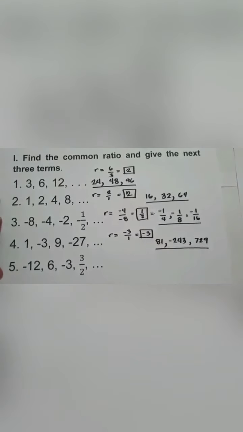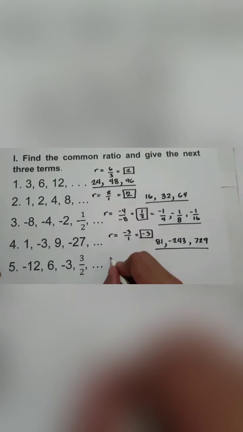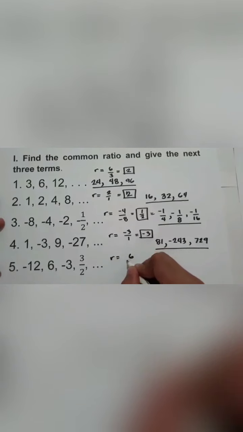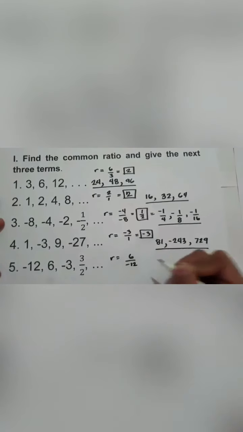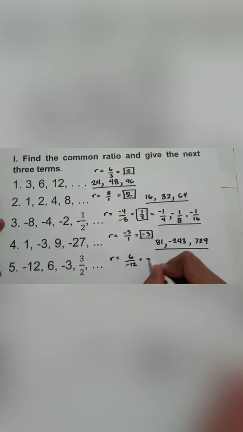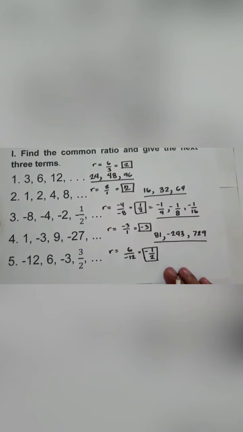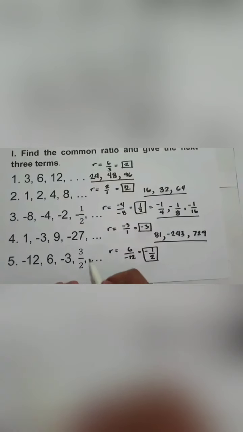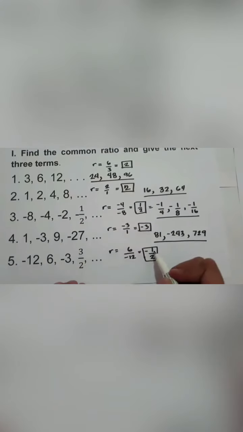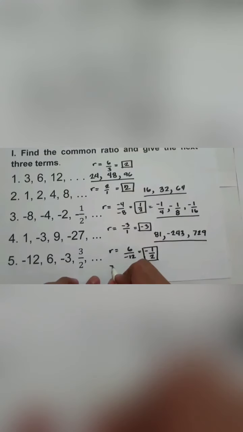What about number 5? Let us find first the common ratio. 6 divided by negative 12. So that is negative 1/2. Now, let us find the next three terms. 3 over 2 times negative 1/2 is negative 3 over 4.